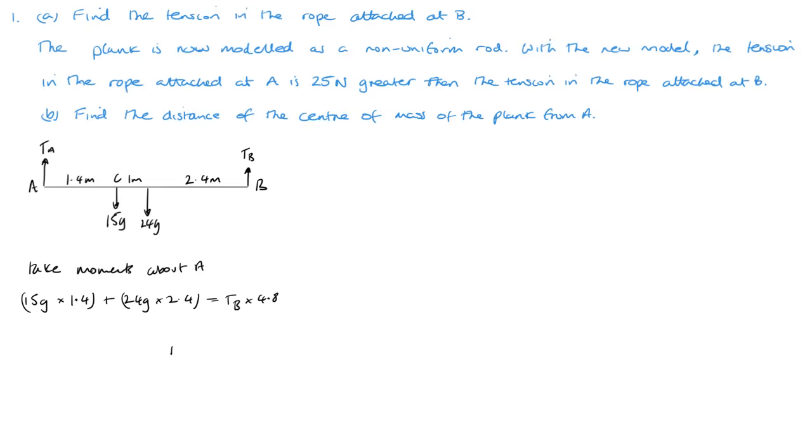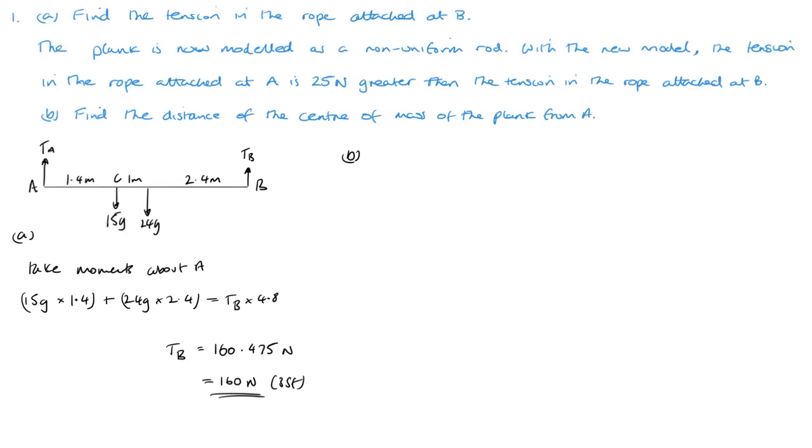And now it's just a matter of rearranging for TB. And that is 160.475 newtons, or 160 newtons to 3 significant figures. Now let's move on. So that was A. Let's look at part B.